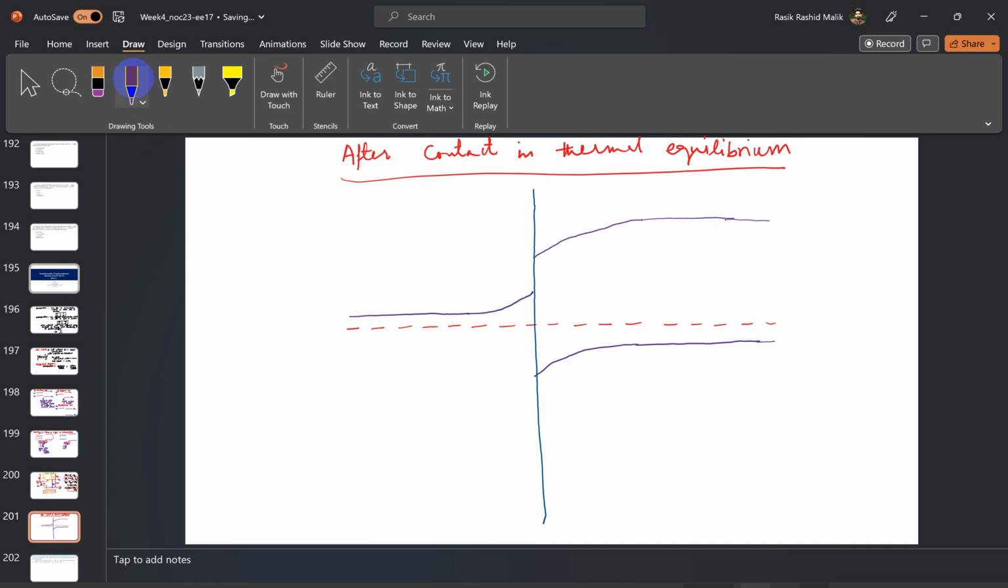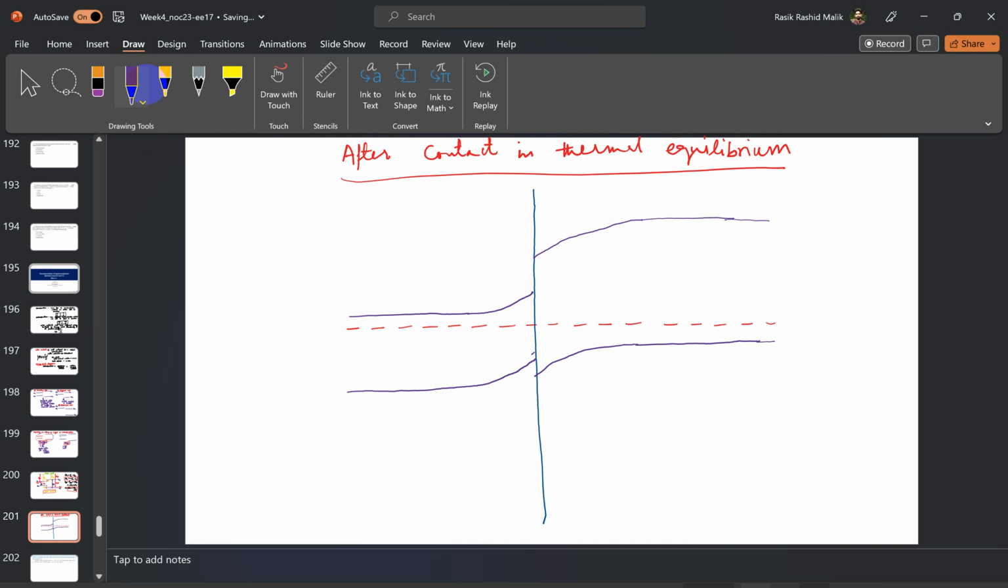And we have the staggered case, so the valence band edge will look like this. This is on the n side, the narrower band gap side.